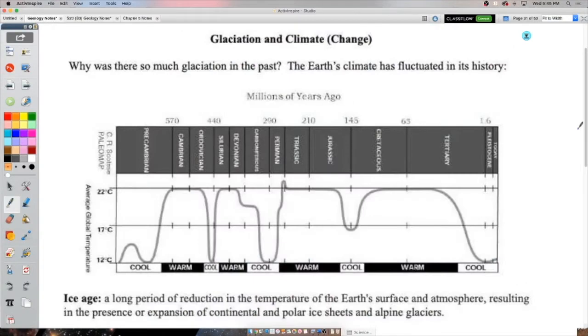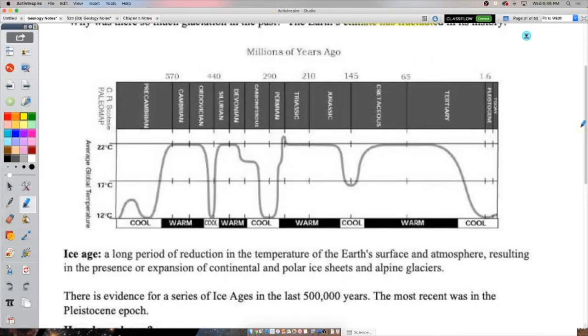Okay, so like we said last time, there was a lot of glaciation in Earth's past. A lot of our land features actually come from these glaciers forming all over the Earth, forming, advancing, melting, and repeat. Okay, so why was there so much? Well, the Earth's climate has fluctuated throughout its history. We'll get later into why what's happening now is different, but there have been natural fluctuations in the Earth's history, right?